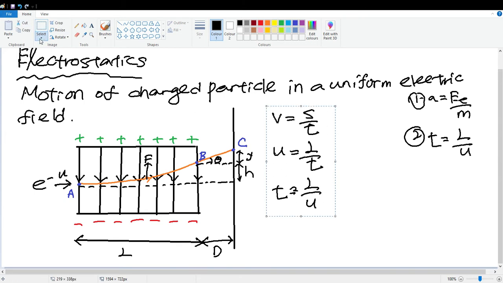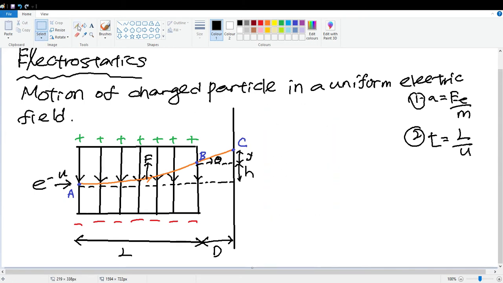To note, what we're describing for the first information, which is acceleration, and the second information, which is time taken, these two pieces of information describe the electron inside the electric field, instead of outside the region of the electric field.